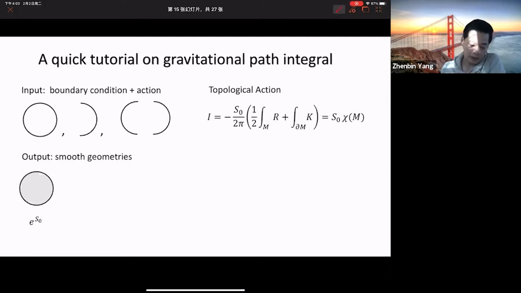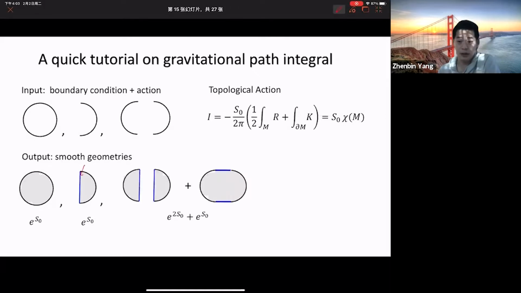So if the boundary is a circle, then the smooth bulk geometry will be a disk. If the boundary is a semicircle, then the bulk geometry will be a half disk, which ends on an end-of-the-world brane, which is this blue guy.